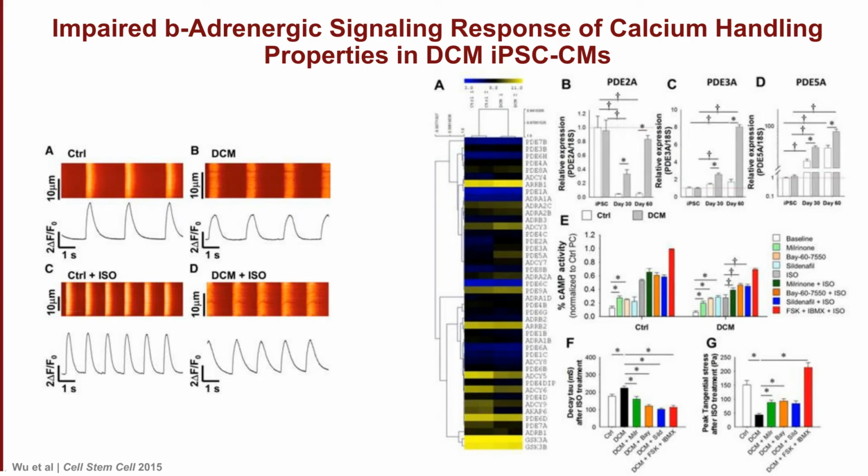But notably, the pharmacologic inhibition of the PDE2A and PDE3A restored cyclic AMP levels and actually ameliorated the impaired beta-adrenergic signaling of DCM cardiomyocytes, suggesting the therapeutic potential of targeting these PDEs.